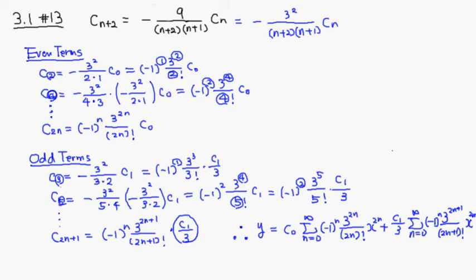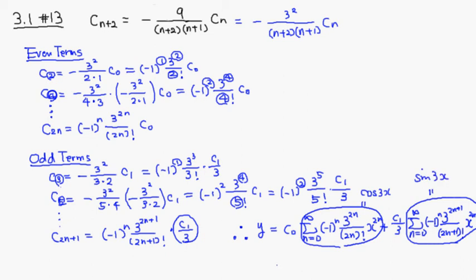All right, but you can see that we recognize this one right here. This is the power series for cosine of 3x. And this right here is the power series for sine of 3x.